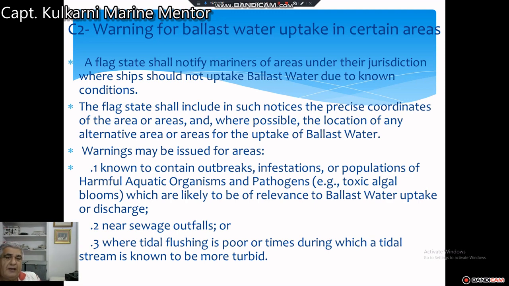This has to be kept in mind, and there should be a proper circular, or check with the local agents or the local authorities whether they have any restriction, such as do not take it from this area. So we have to keep in mind, warnings may be issued for areas known to contain an outbreak, infection or population of harmful aquatic organisms, near a sewage outfall, wherever there is sewage.